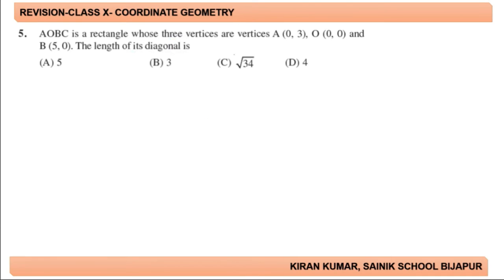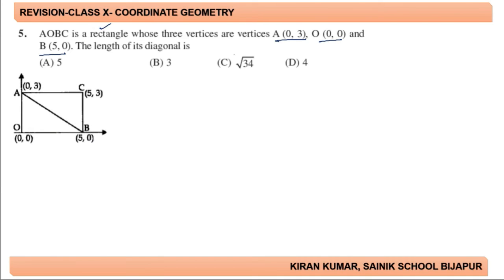If we represent these points A (0, 3), O (0, 0), B (5, 0), and it's a rectangle, we'll be getting this type of figure formed. The coordinate of C will be (5, 3).